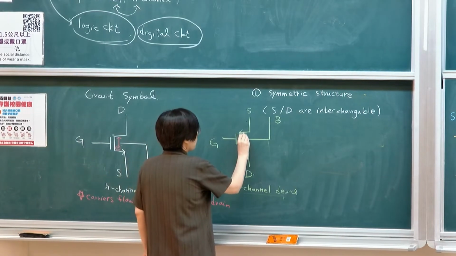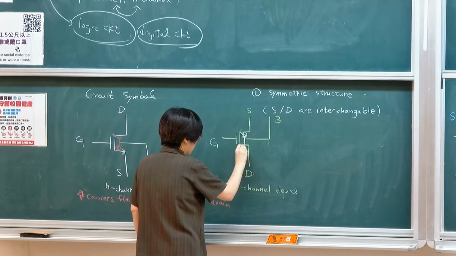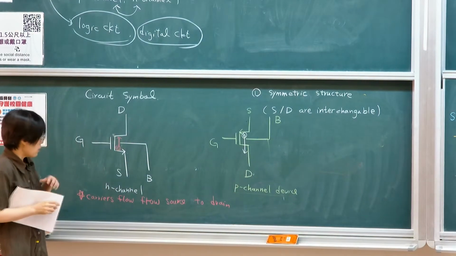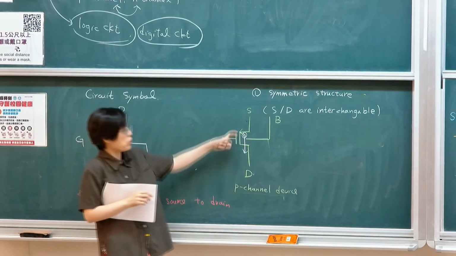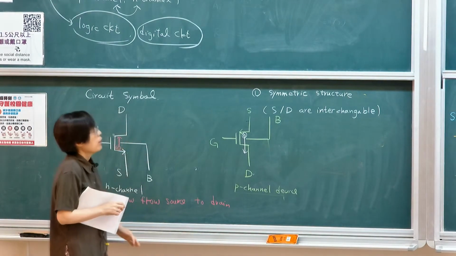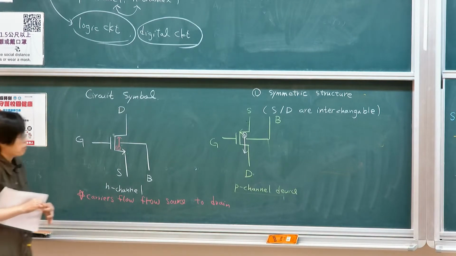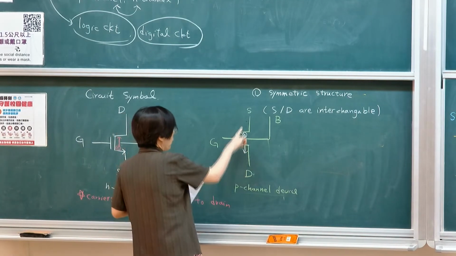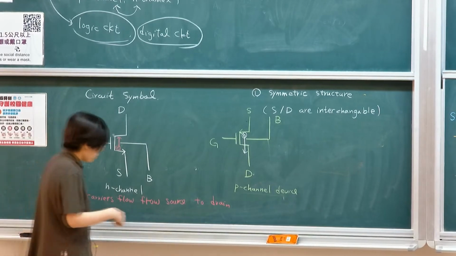So I have holes in the channel going from source to drain again. So no matter if it's electrons or holes, both are flowing from source to drain. Okay? And the arrow simply refers to the current direction, therefore, it's from source to drain.